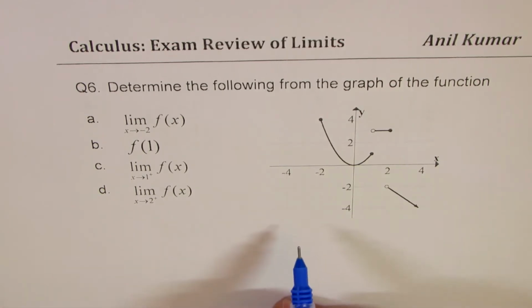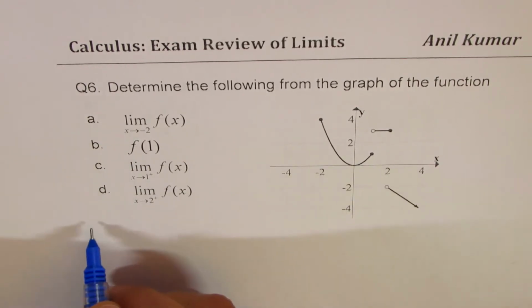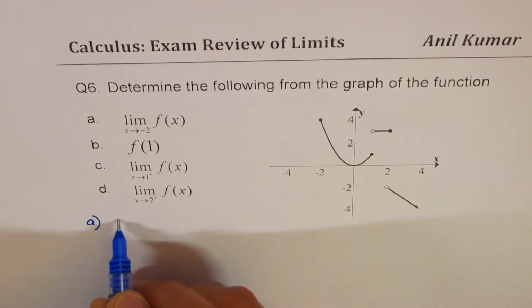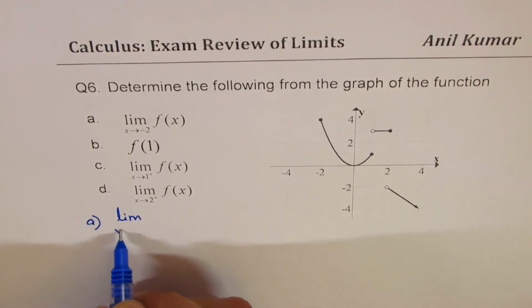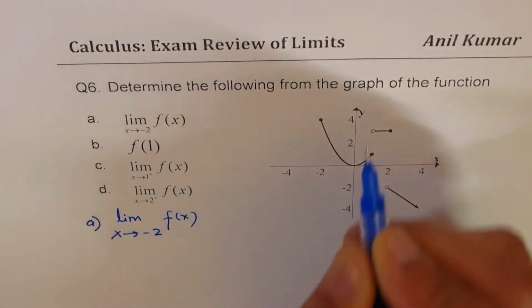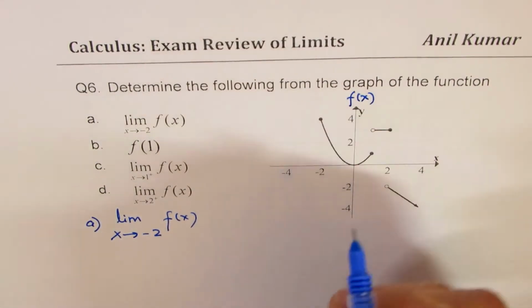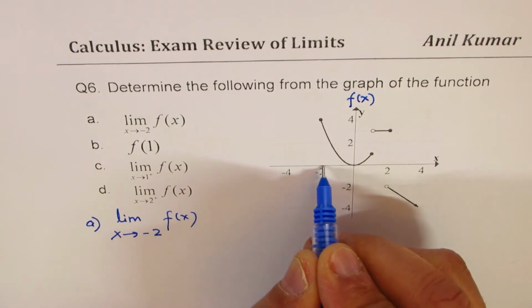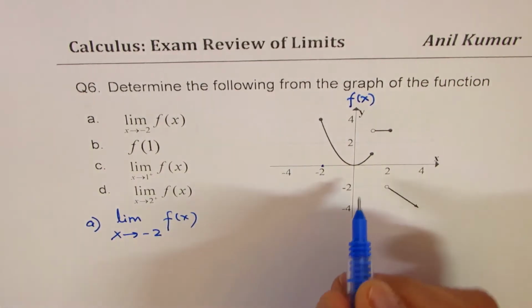Okay, so let me rewrite this. So first, which is part A, is to find the limit when x approaches -2 of the function f of x. So this is the function f of x given to you. That is -2, right? So this extreme value is at -2.